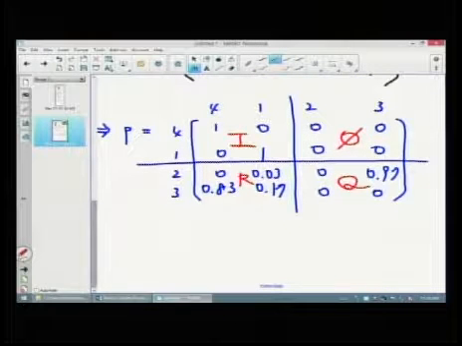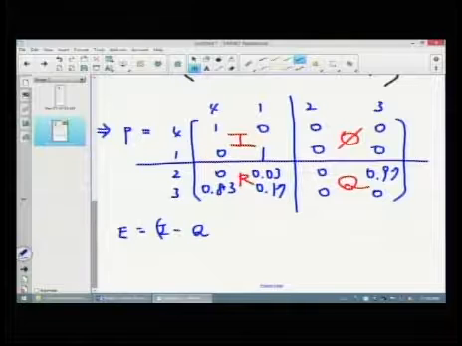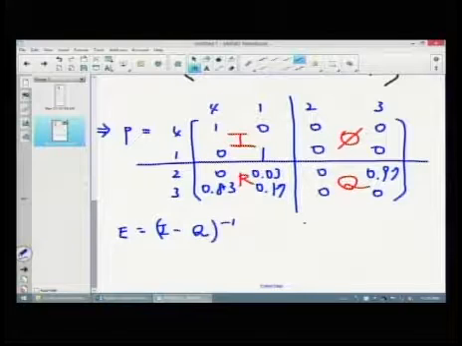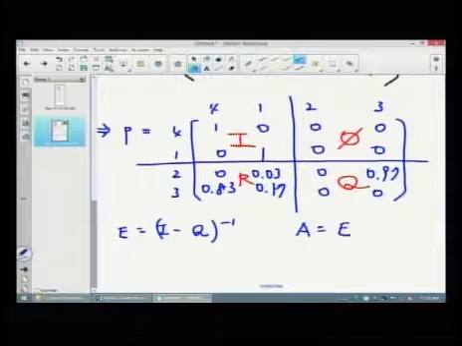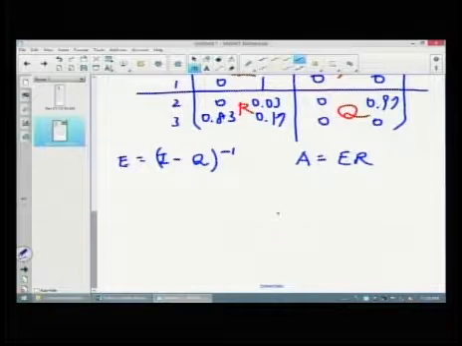So now you should be able to get the E matrix and the A matrix. Is that right? So could you give me the numbers for that?